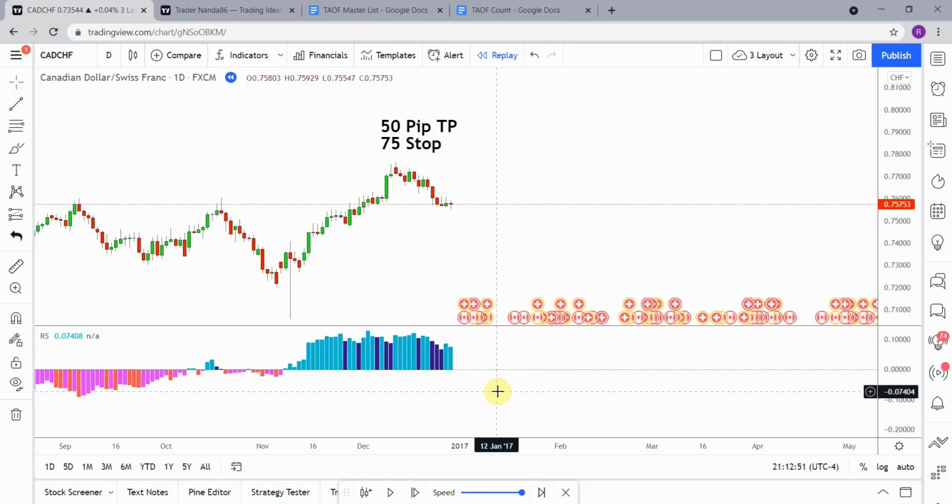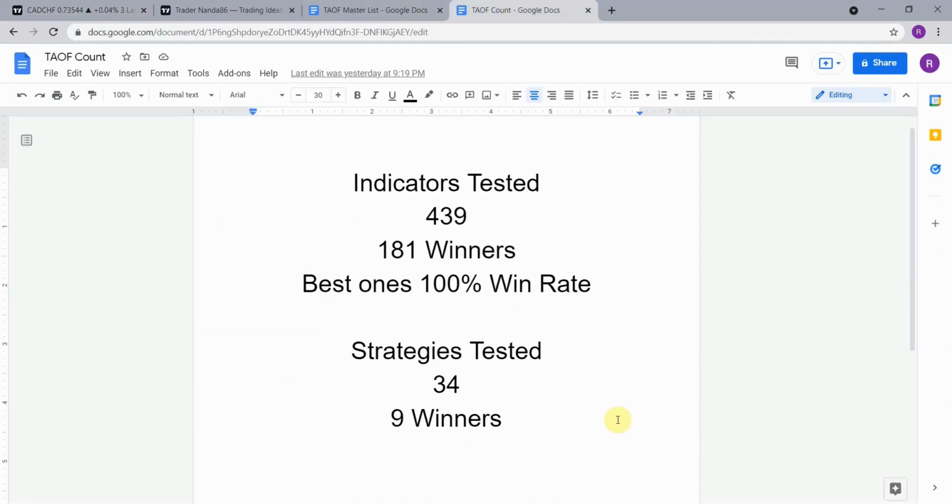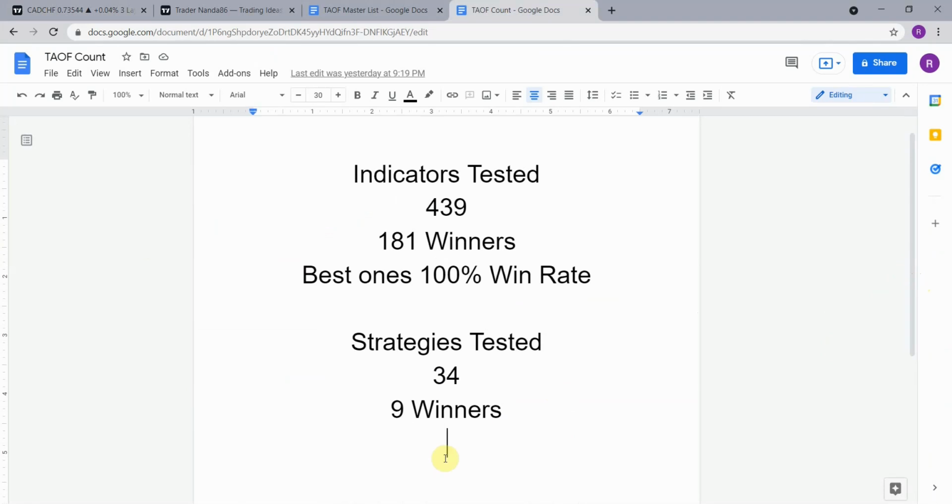Alright, as I said, today we will be testing the relative strength market picker indicator. Before we do though, I wanted to put the testing scoreboard up for everyone to see. So to date, we have tested a total of 34 different strategies, with 9 of them being winners.